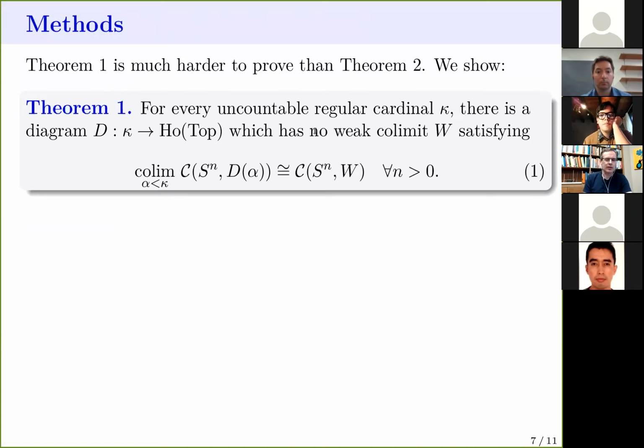This is just a rephrasing of it, where I've unfolded the definition of what it means to not be a bounded set. It means no matter how big a regular cardinal you pick, there is some diagram of that shape which has no weak colimit with this boundedness condition holding for all of the spheres.